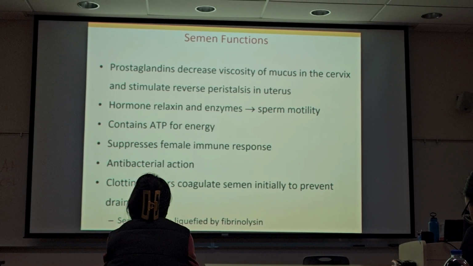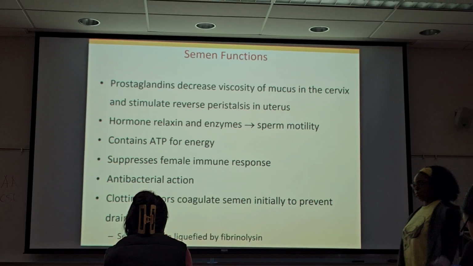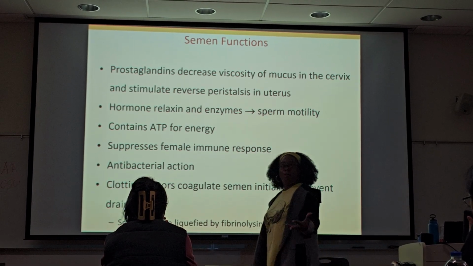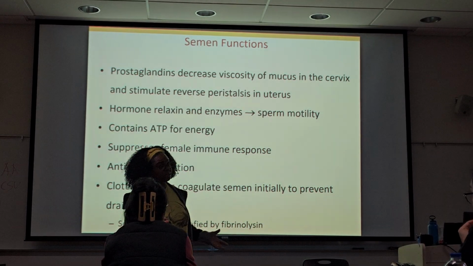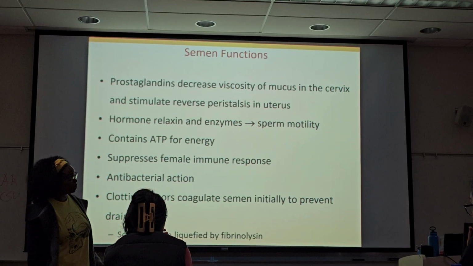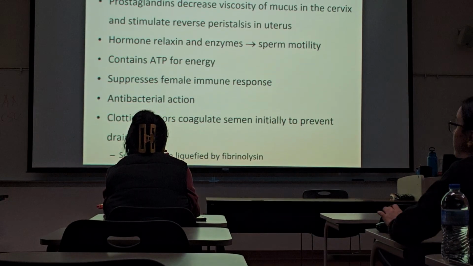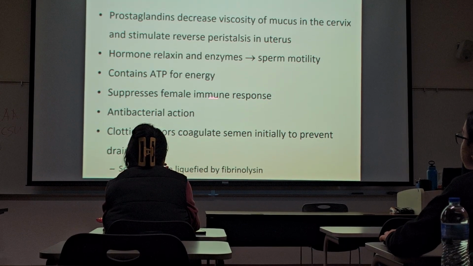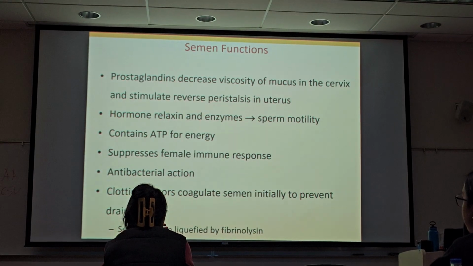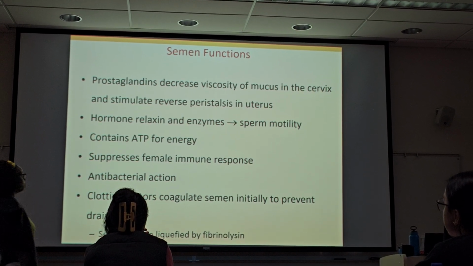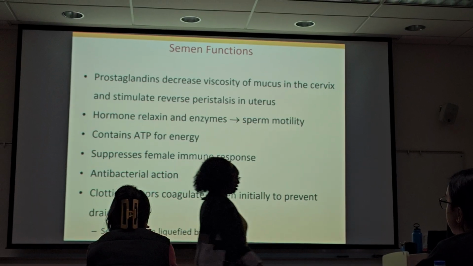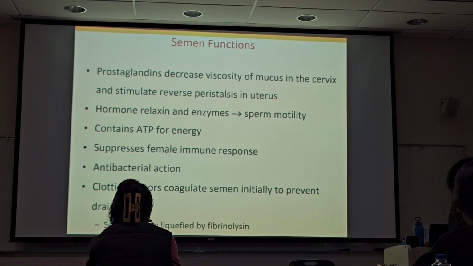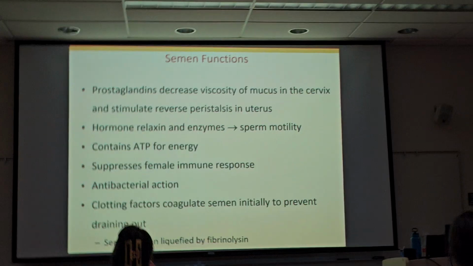Now we're putting something foreign into the female body, right? The immune system is gonna attack those sperm cells, but the semen has components that will suppress the female immune response so that the female immune system doesn't attack and kill the sperm cells.